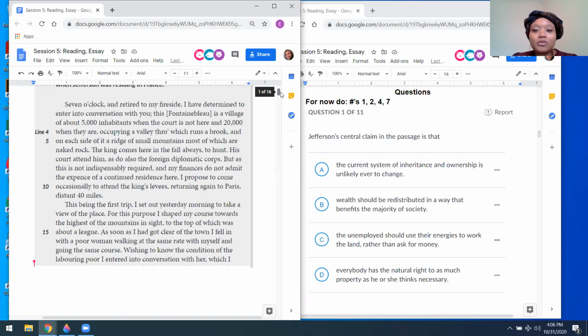So wealth should be redistributed in a way that benefits the majority of society. So the example you gave is not directly providing evidence for your answer choice B, which is the correct answer, but it's setting a kind of mood or vibe that supports answer choice B.